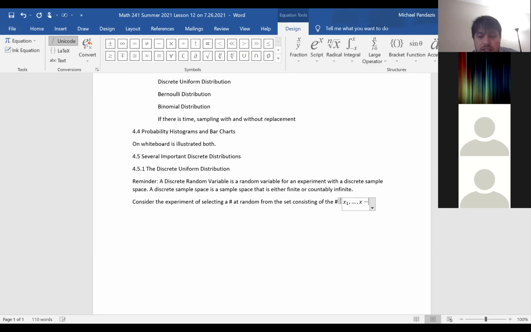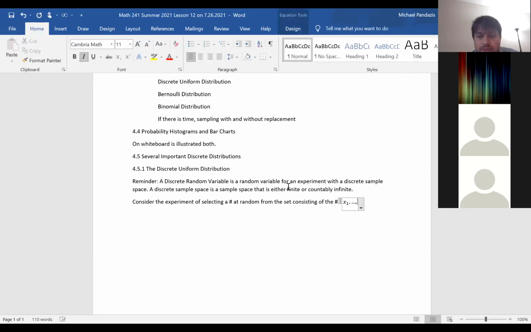There's a total of n of them. Let capital X be the value of the number selected.